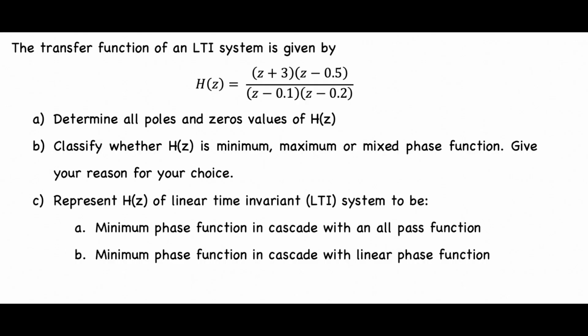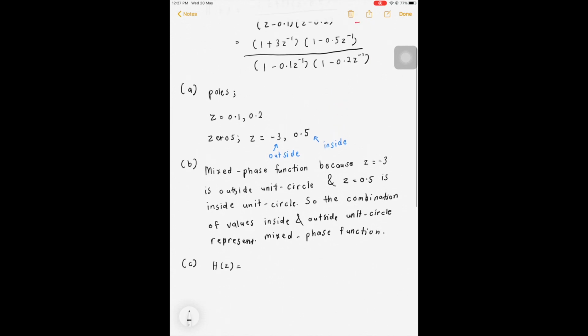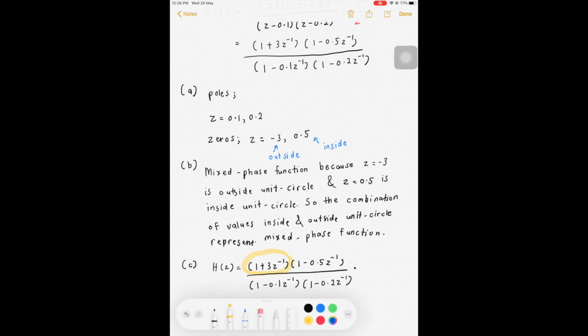Determine the minimum phase function in cascade with an all pass function. Same thing, similar to example number 2. So you have the H(z). Next we have to look for the function which is outside the unit circle.